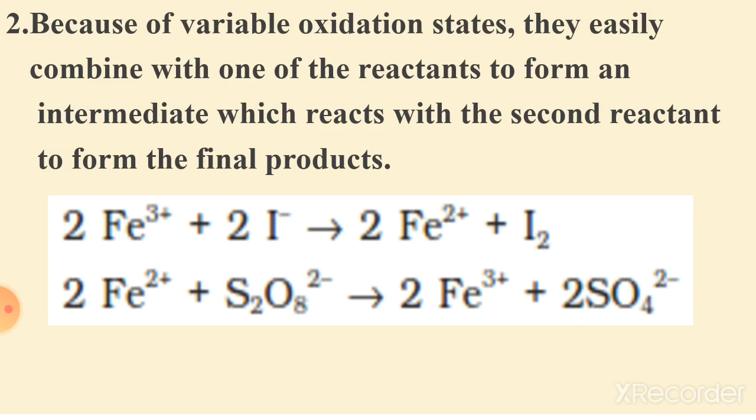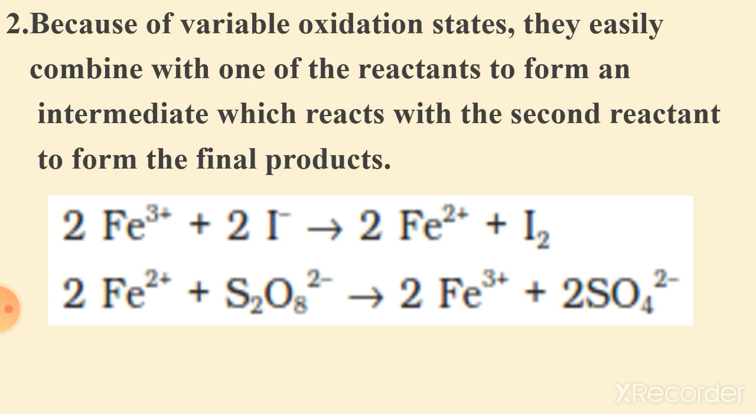So here Fe²⁺ is the intermediate, and this indicates that Fe³⁺ works as a catalyst, because Fe³⁺ is in the reactant side at the start, and Fe³⁺ is also found on the product side. So that means Fe³⁺ does not change. This only shows the variability of oxidation state so that the reactions can proceed.